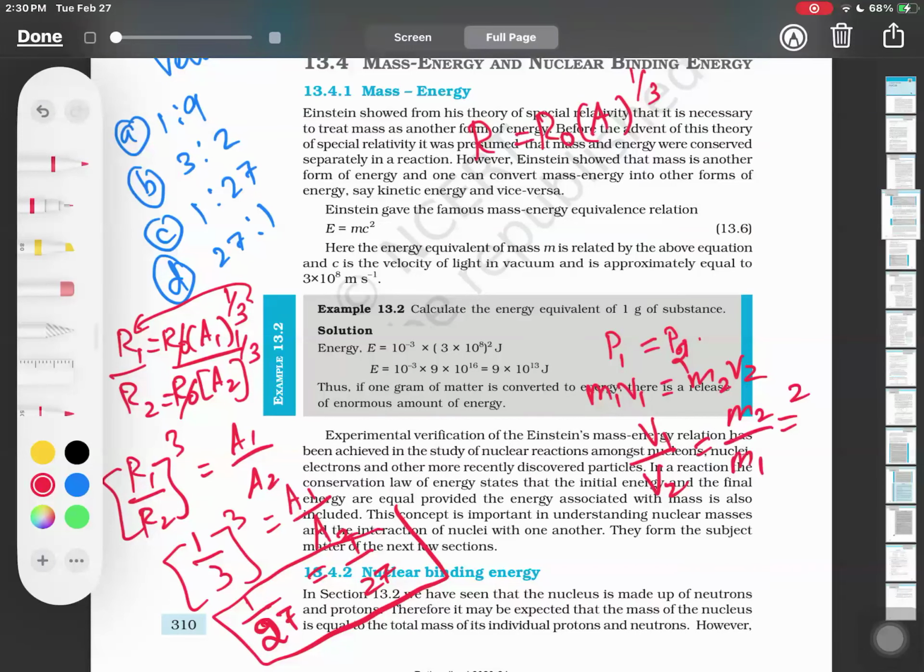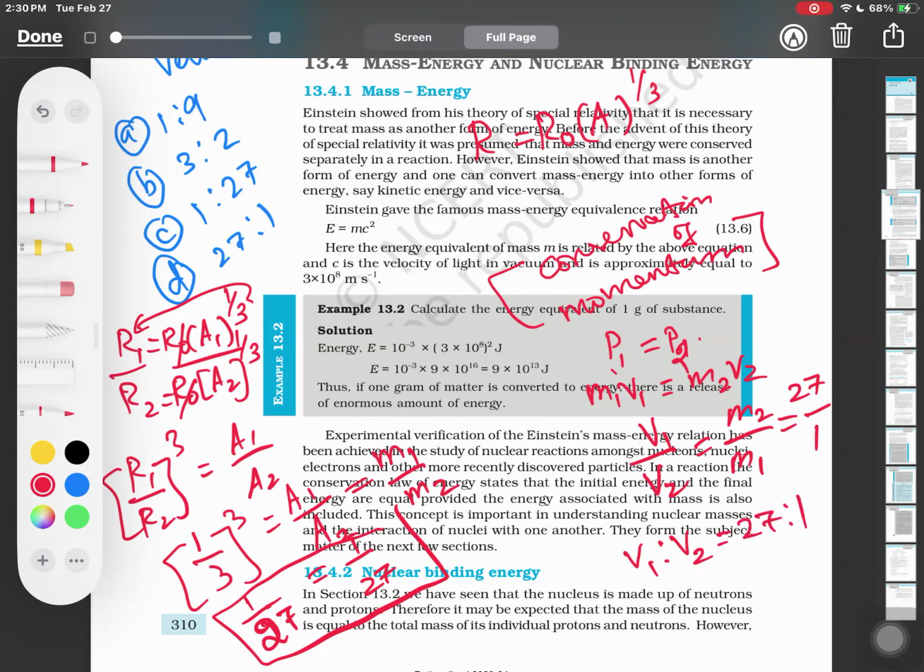Mass and velocity is the momentum. So by the law of conservation of momentum, we use this formula: M1 V1 is equal to M2 V2. From this, we can calculate the ratio of the velocities. V1 by V2 is equal to M2 by M1. So it is 27 over 1. So the ratio of the velocities of the two nuclear parts will be 27:1.